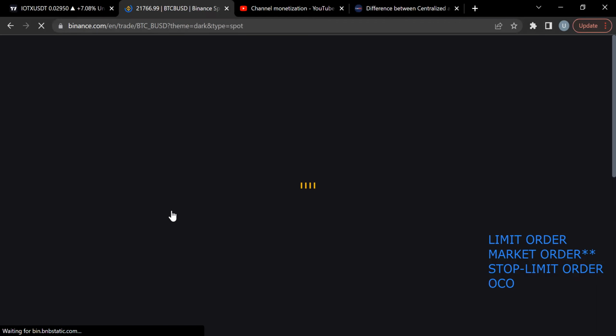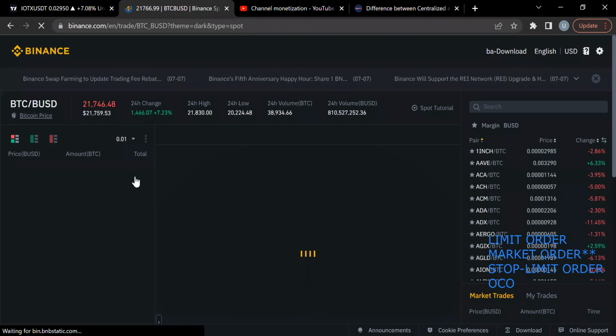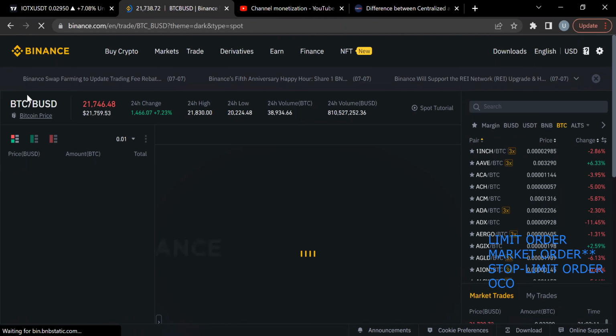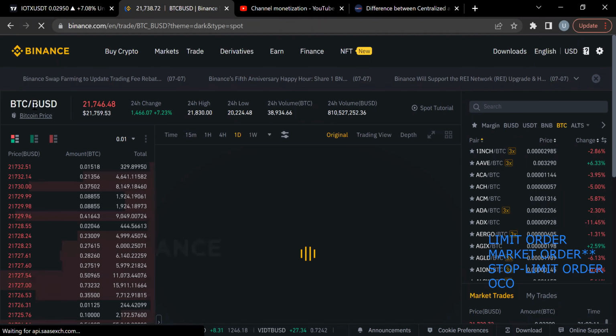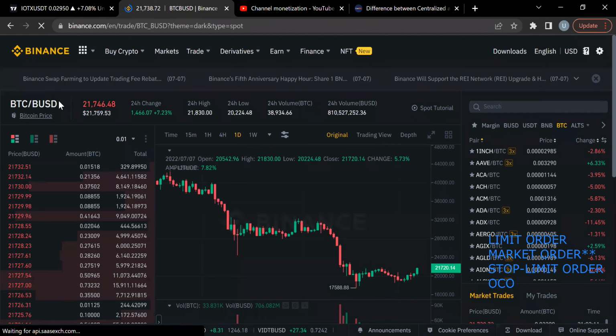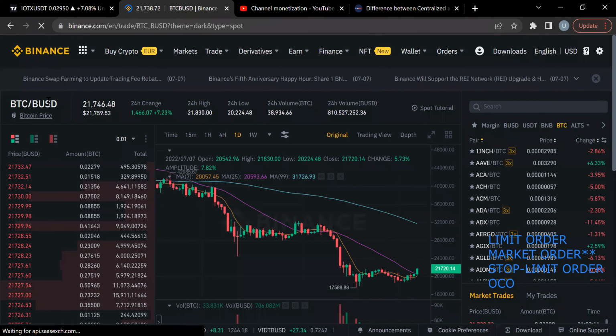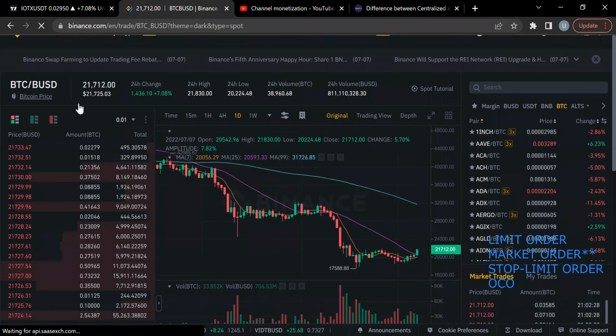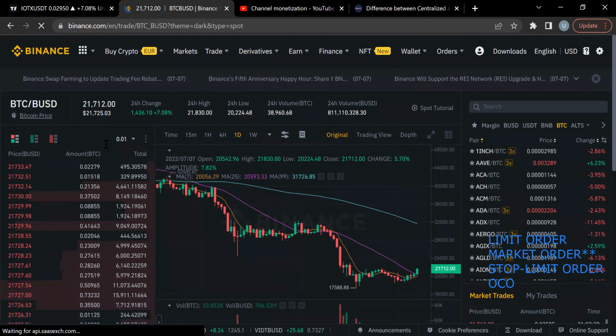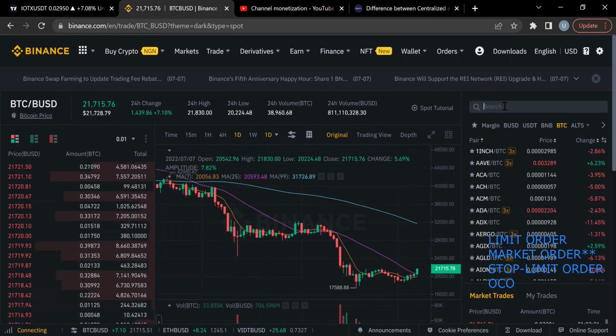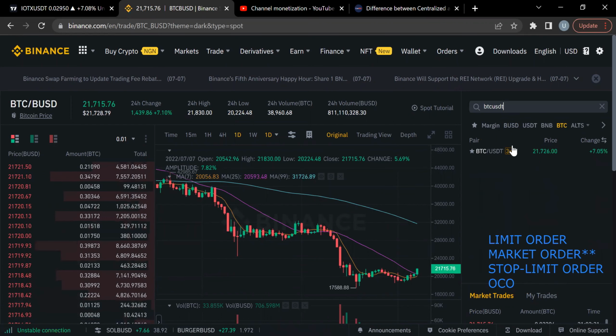If you are using PC, when you play with it, you get to understand it more. Okay, just come here. This is BTC BUSD. I don't have BUSD in my wallet, so I can't interact with this. I'll have to change it to BTC USDT. Okay, this is the one I want to deal with.